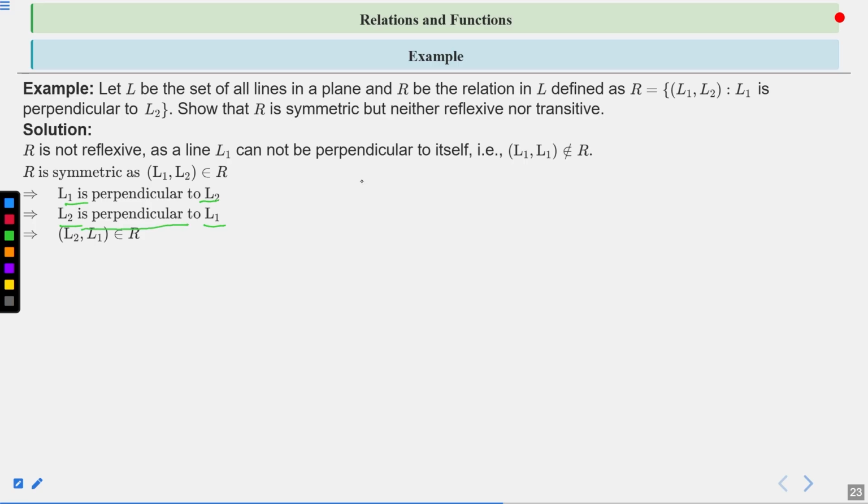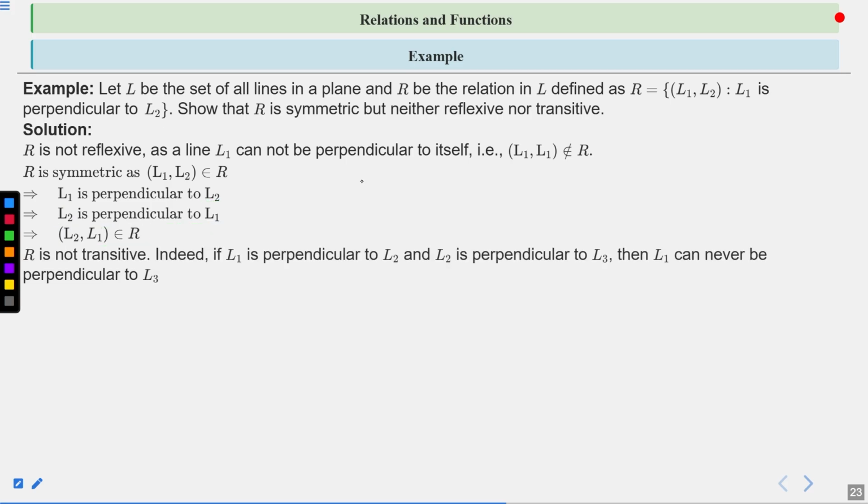And these words force me to write that the L2 comma L1 pair belongs to R. Yes? Why? Because if L1 is perpendicular to L2, then I can write L1 comma L2 belongs to R. So this is the same case here. L2 is perpendicular to L1. So this condition forces me to write a pair L2 comma L1, and this condition also forces me to write that this pair belongs to the relation R. Clear?